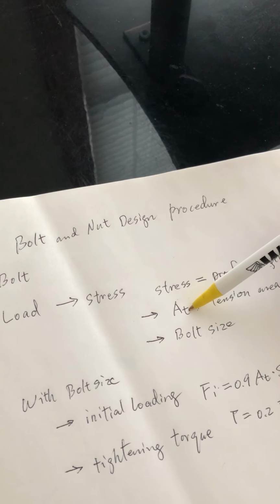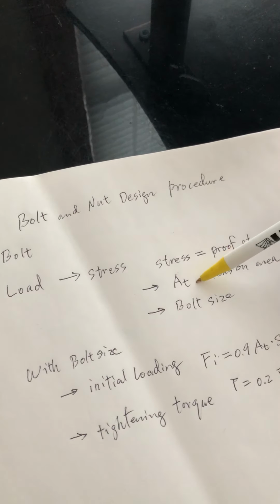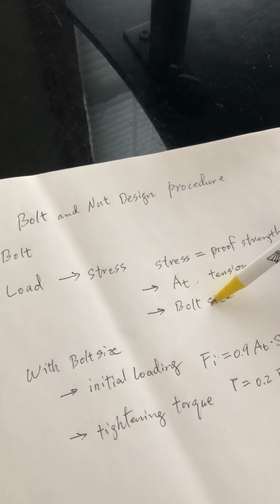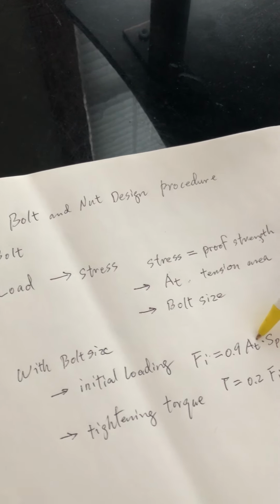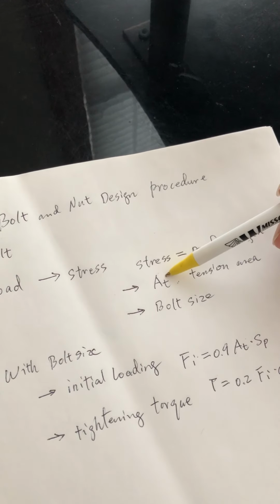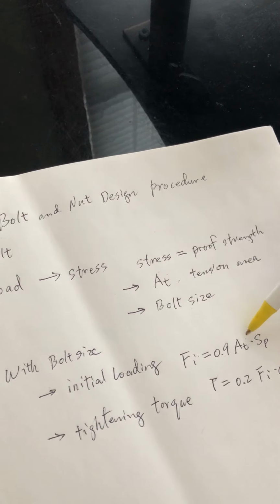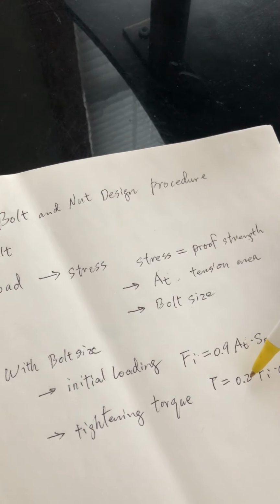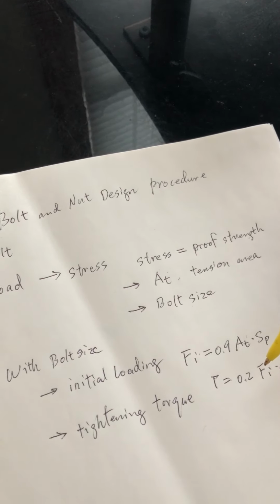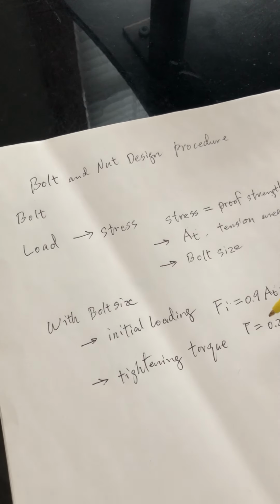Once you know the area, you check the table and find both sides. From both sides, you can go back to find another tension area that is slightly different from this value, and you use this value. So you find the initial loading, and you find the torque. We need to find how much torque we need to tighten the bolt and nut.